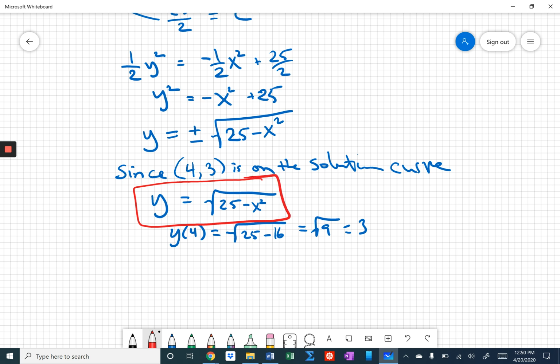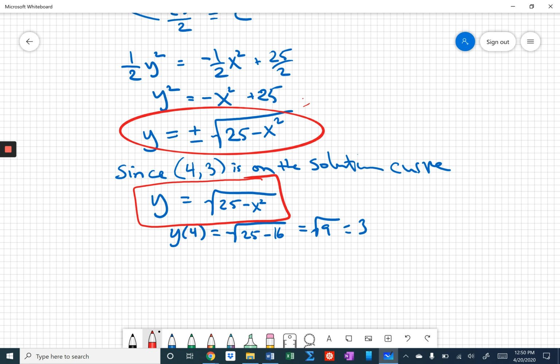Now, maybe you recognize what this function would look like if we were to graph it. Hopefully you do. This is the upper half of a circle, or a semicircle, the top half of a circle centered at the origin with a radius of 5. The previous step before solving for y, with the negative part, would be the lower half of the circle, the bottom semicircle.